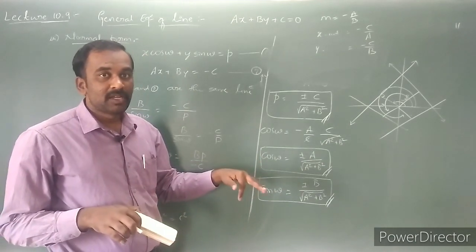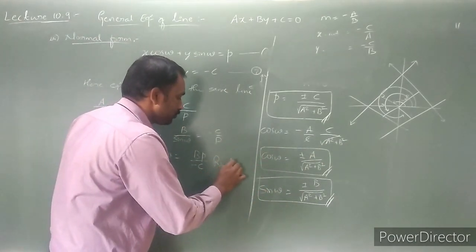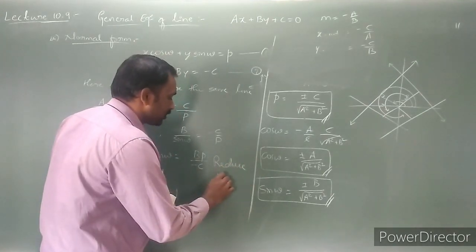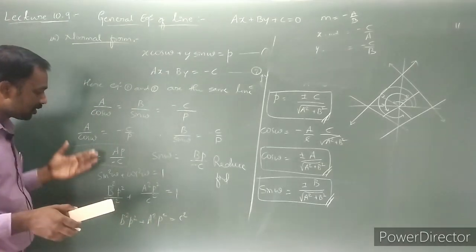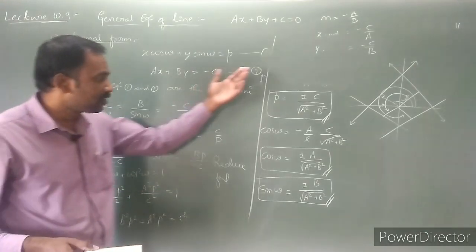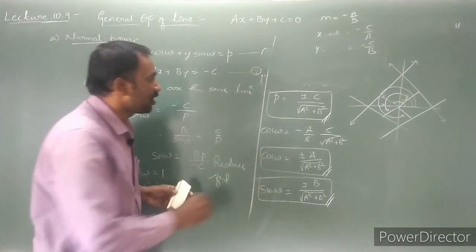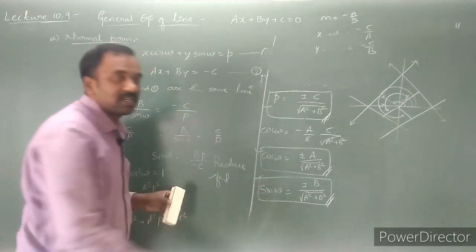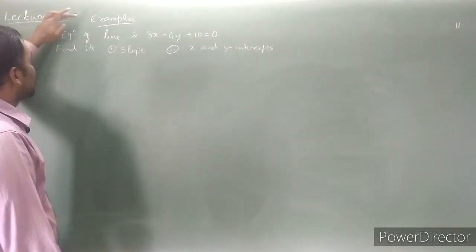How to reduce? There is a difference in the word: reduce and find. If they ask to reduce, whatever things you did in the derivation, you need to do all the things. If they ask to find, directly you can use the formula. Are you sure? Let's move to the examples.